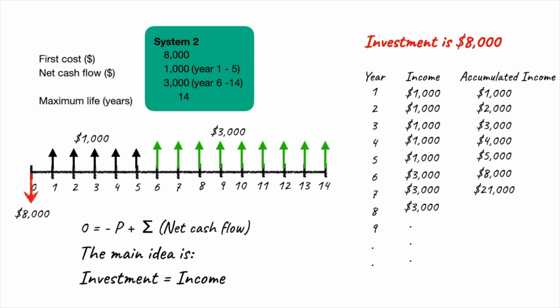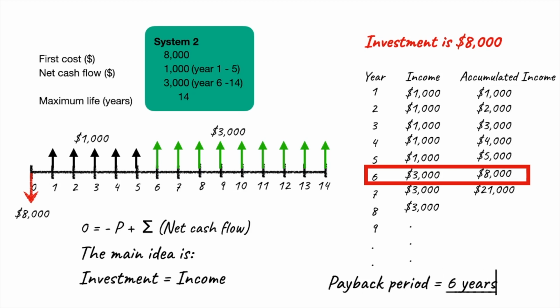Year 1 not yet, year 2 not yet, 3, 4, 5, 6. In year 6, the accumulated income is $8,000, which is equivalent to the investment of $8,000. So we can say at this point, it is like you have recovered your capital. Therefore, the payback period for this system is 6 years.